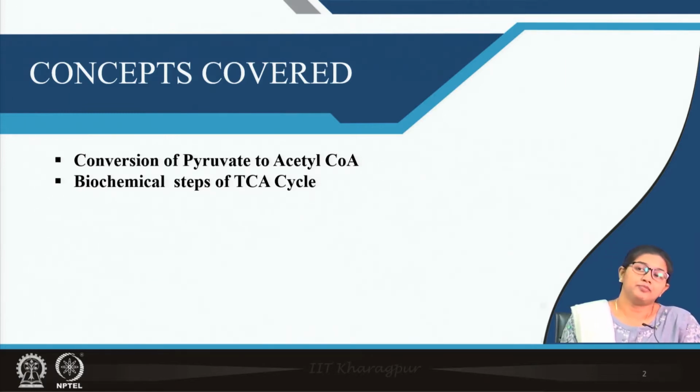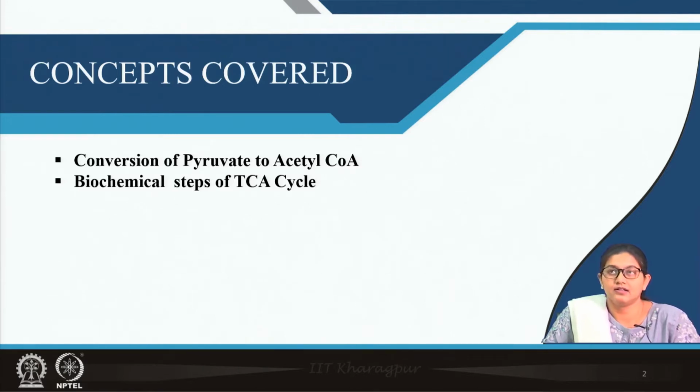Now, before discussing the TCA cycle, I would like to highlight that in the previous session we have seen that glucose is the major source of fuel, and that can undergo aerobic glycolysis as well as anaerobic glycolysis.